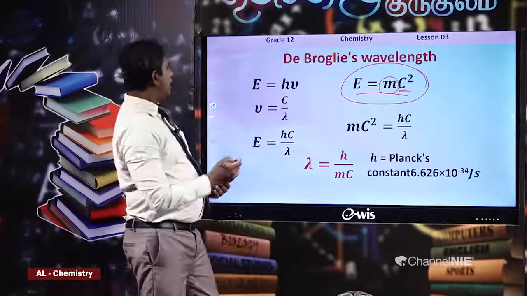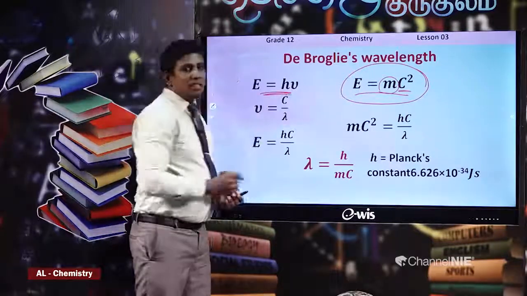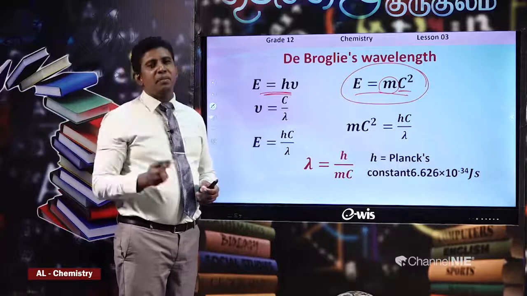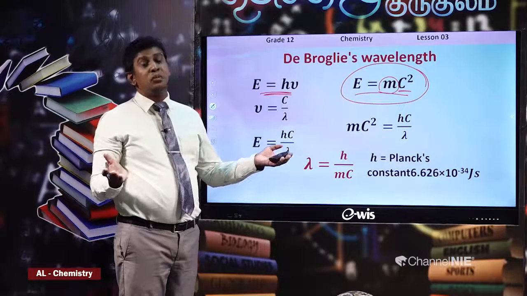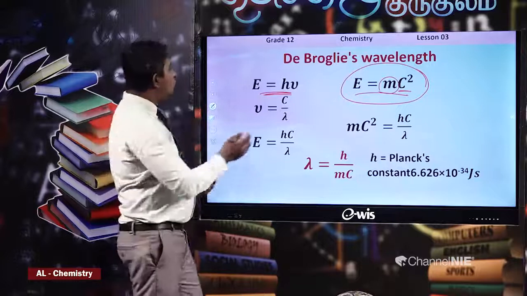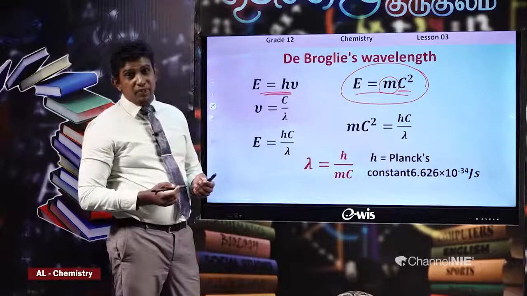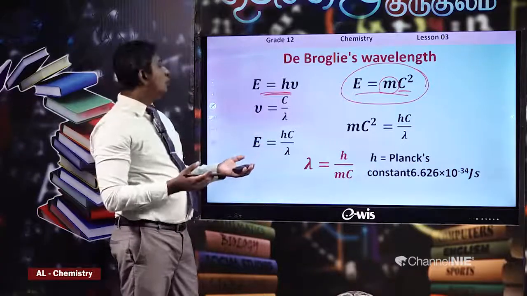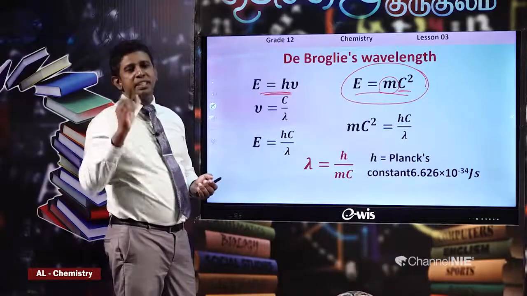Then students, Max Planck presented this equation, that the smallest energy amount of any such electromagnetic radiation would be directly proportional to its frequency. Therefore, it was h nu, the frequency times Planck's constant, that smallest energy amount.